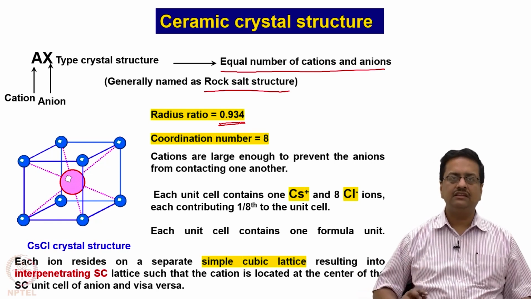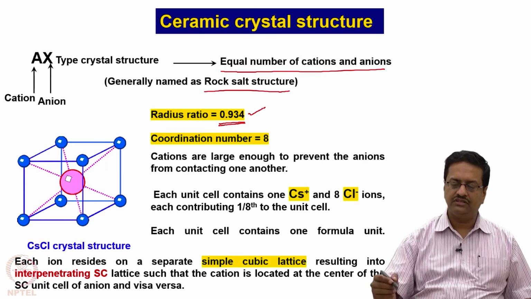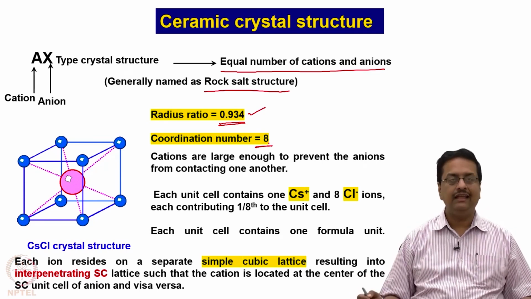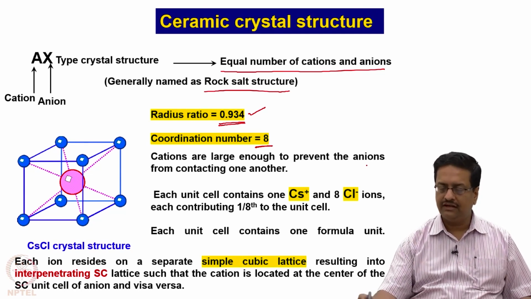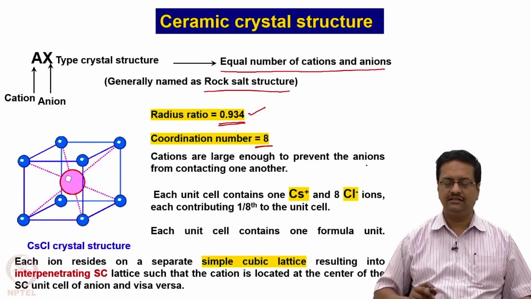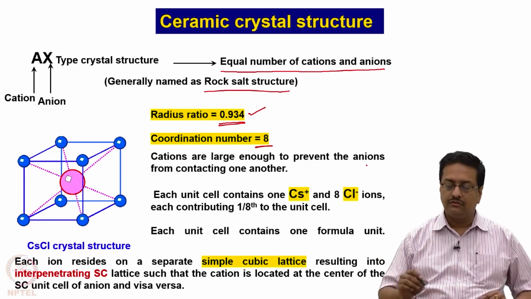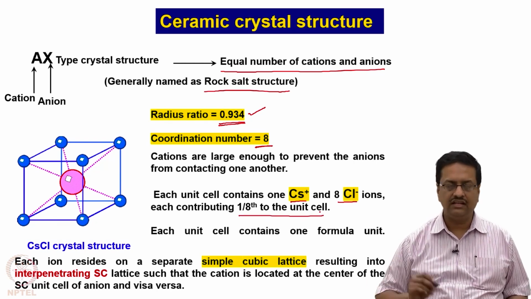As we have seen in the previous lecture, when the radius ratio approaches 1, we get coordination number 8. That means cations are large enough to prevent the anions from contacting each other, or they are not in touch. So, the unit cell contains one cesium ion and 8 Cl- anions, each contributing 1/8 to the unit cell.